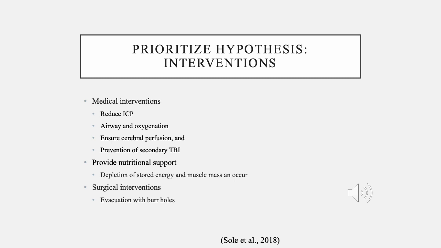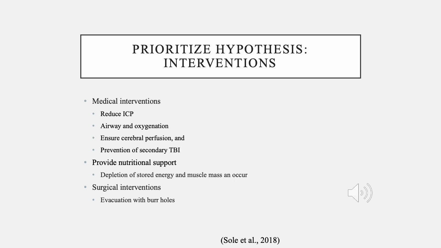The interventions that are available for a subdural hematoma include medical interventions, which is to reduce the intracranial pressure. We want to make sure the patient has a patent airway and is receiving oxygen. We want to ensure that there is cerebral perfusion, and we want to prevent a secondary TBI.